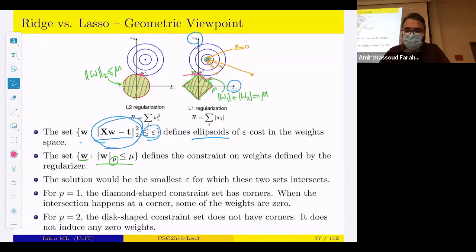Okay, so one question is how do we prefer lasso over ridge? If you want a sparse solution, lasso is the approach to go, ridge is not. If you don't care about that, it depends on the case.